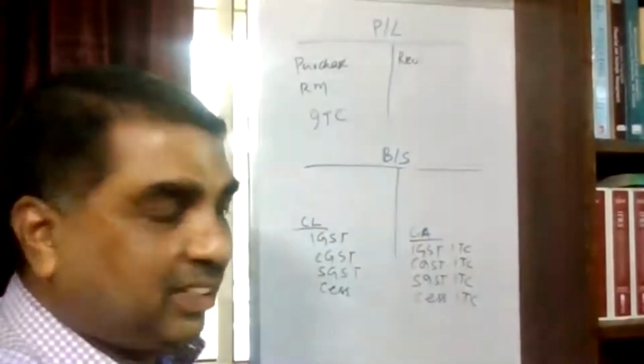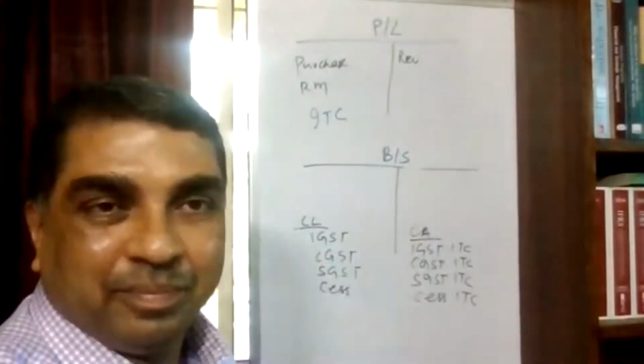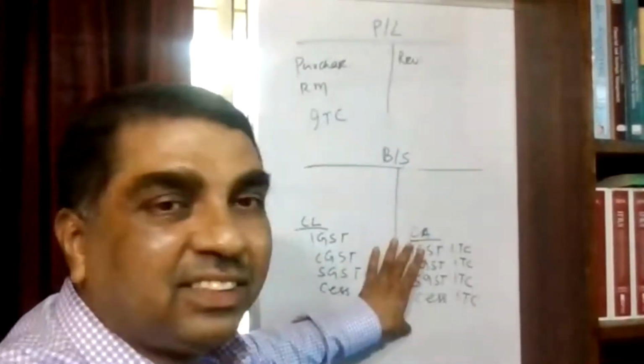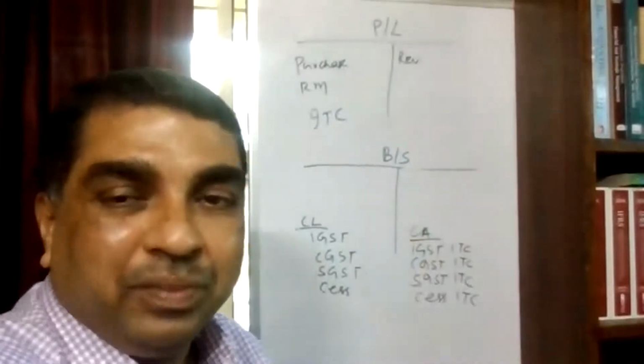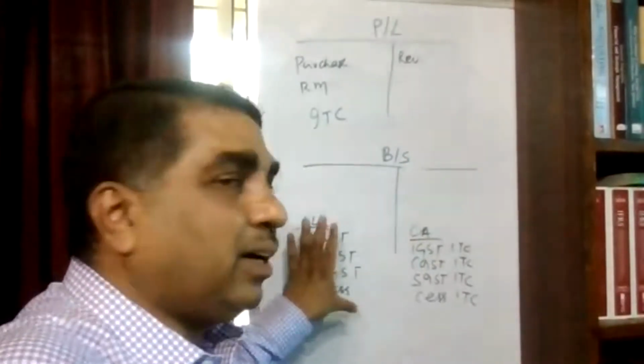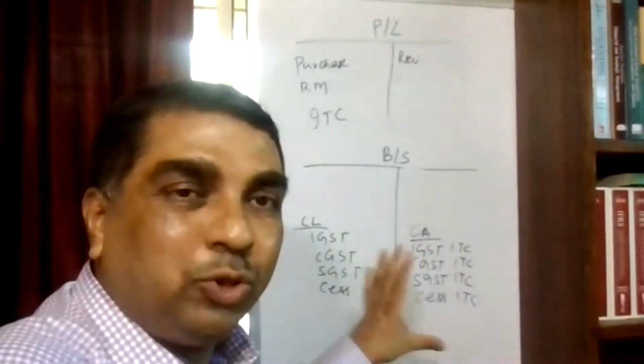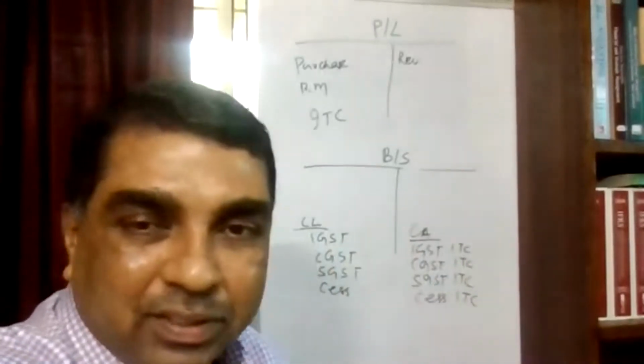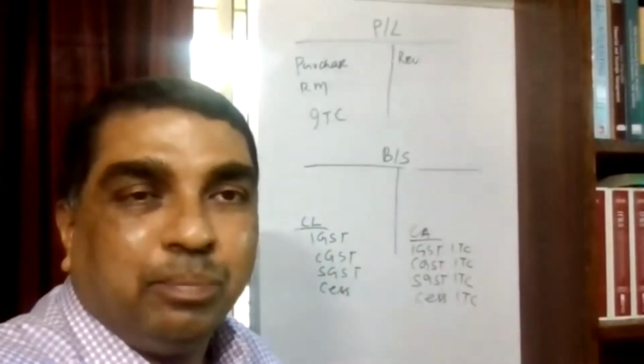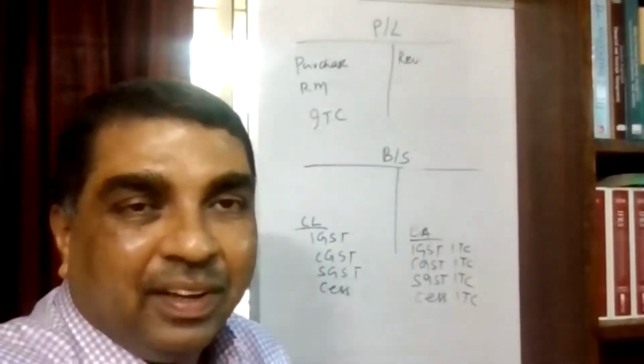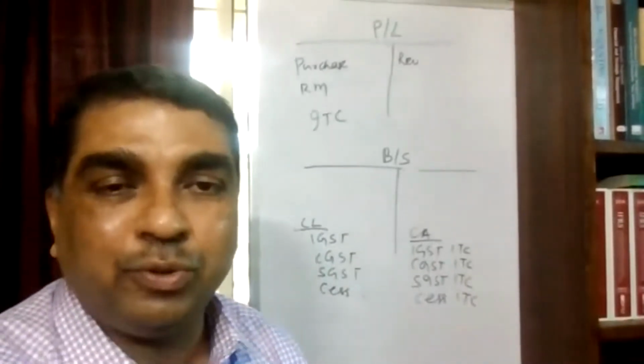Now the challenge is how to use it. If these assets are not sufficient, what can you do? Suppose, as we saw in the last class, your total GST liability is 5,000 rupees, but you have GST input credit of 4,000 rupees. For the difference of 1,000, what are you going to do?